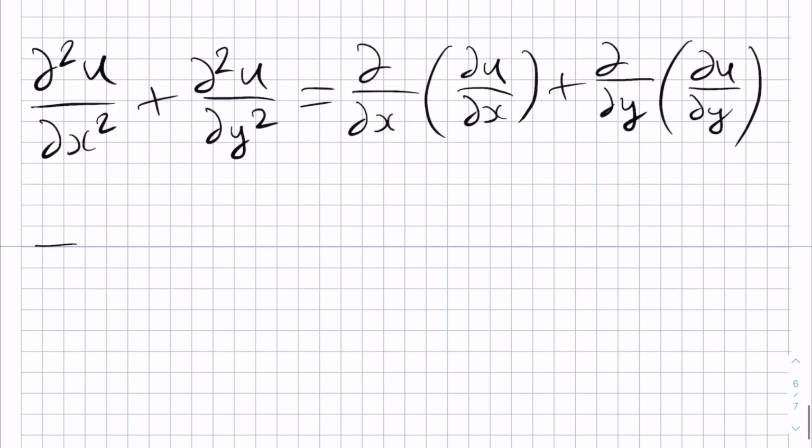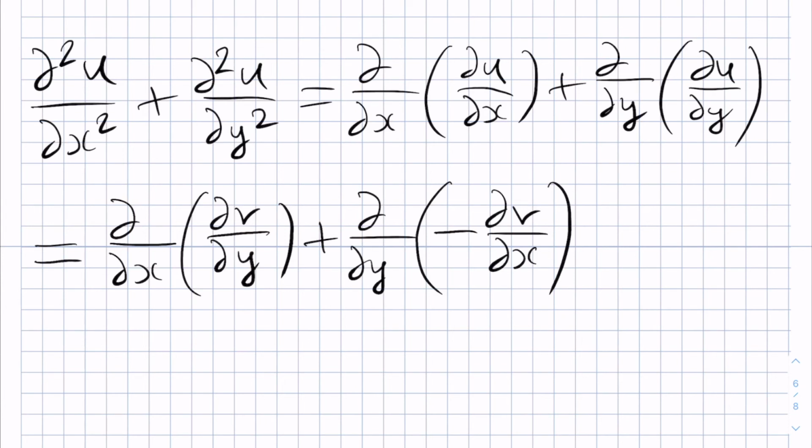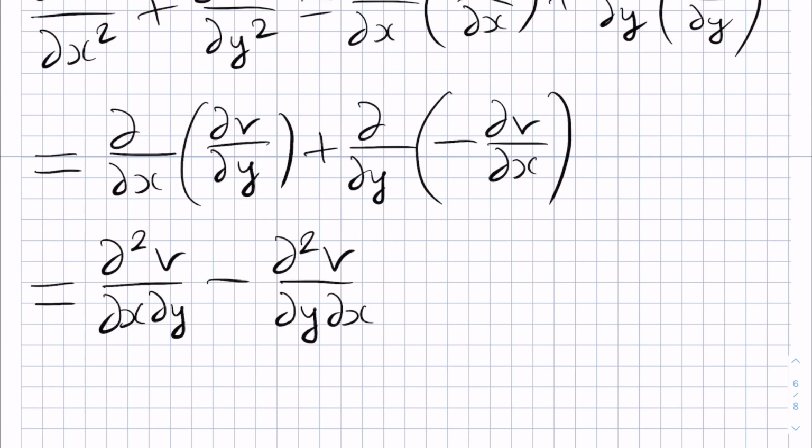So by Cauchy-Riemann, we get d/dx of dv/dy, plus d/dy of minus dv/dx. Then putting this back into normal differentiation notation, we get d squared v/dx dy, and then a minus from this minus here, d squared v/dy dx.